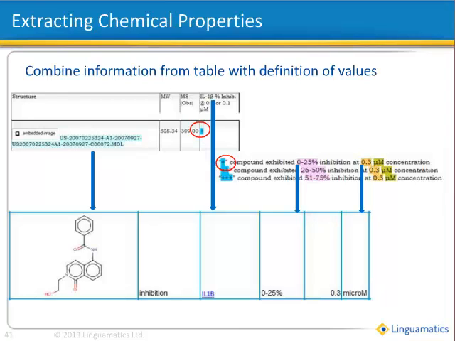We need to understand that there's an interleukin-1 beta target that's being affected by this compound. We're pulling information together from lots of different places and then merging it all together to give one single view of that particular compound within that patent, and then combining multiple patent documents together to see what the IP landscape is around those. So it's a very complex area, and it requires a lot of sophistication to be able to do that.